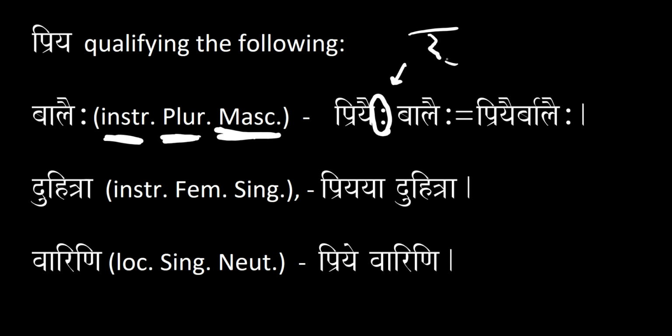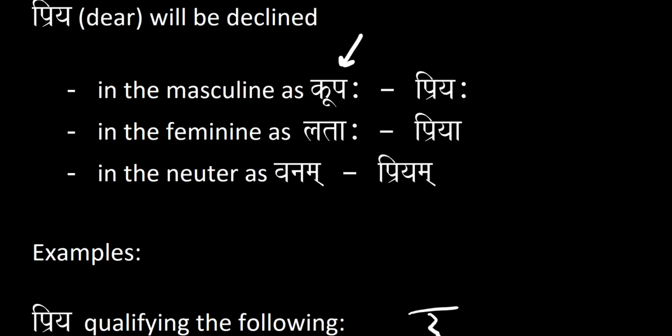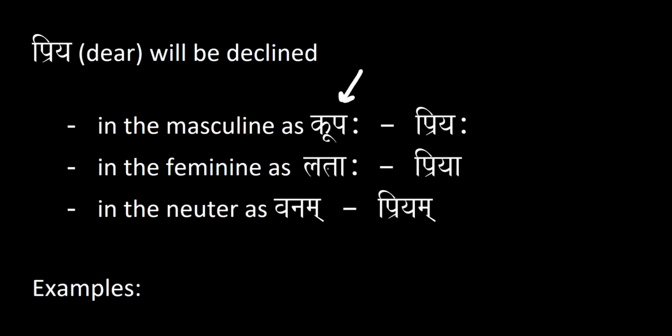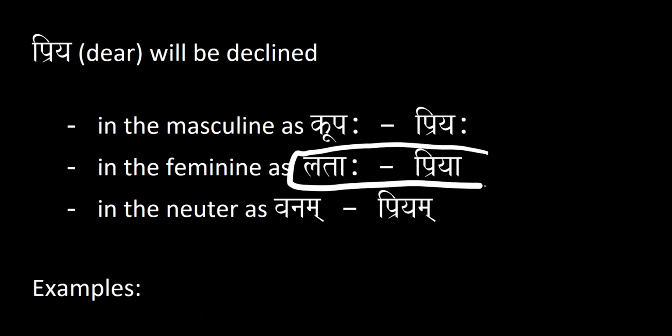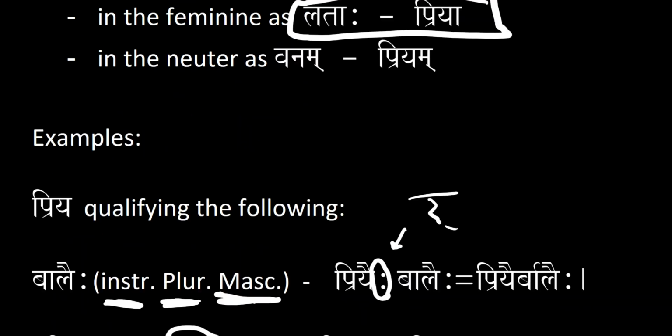Now, our next example, we have duhitra. Duhitra is instrumental, feminine, and singular. Now, what we want to look at again is what gender it is in so that we can know what type of declension we should use for priya. Since it is feminine, we have to decline priya like lataha. So this is the one that we want to decline priya as.